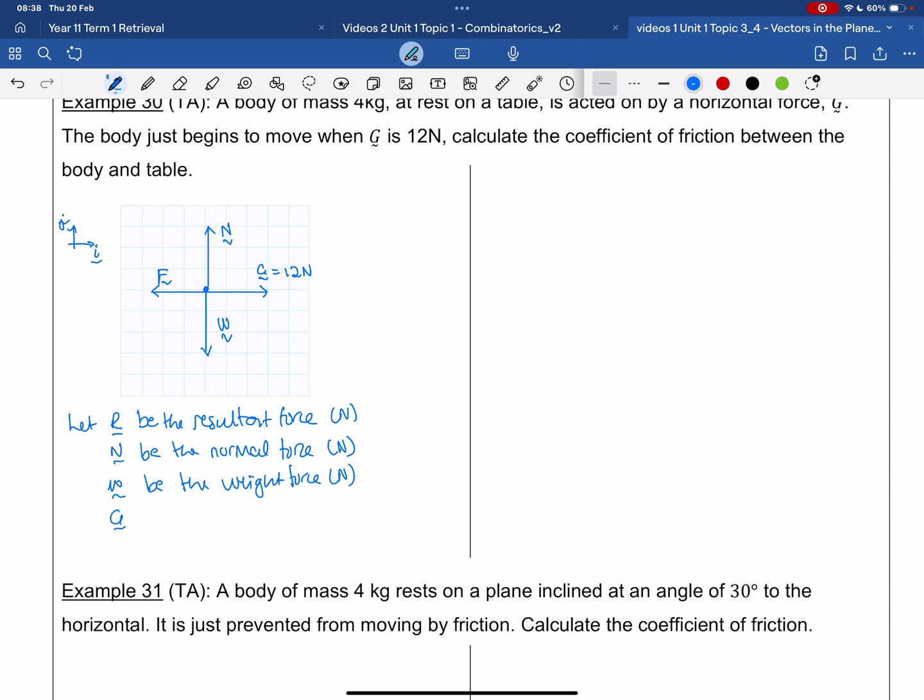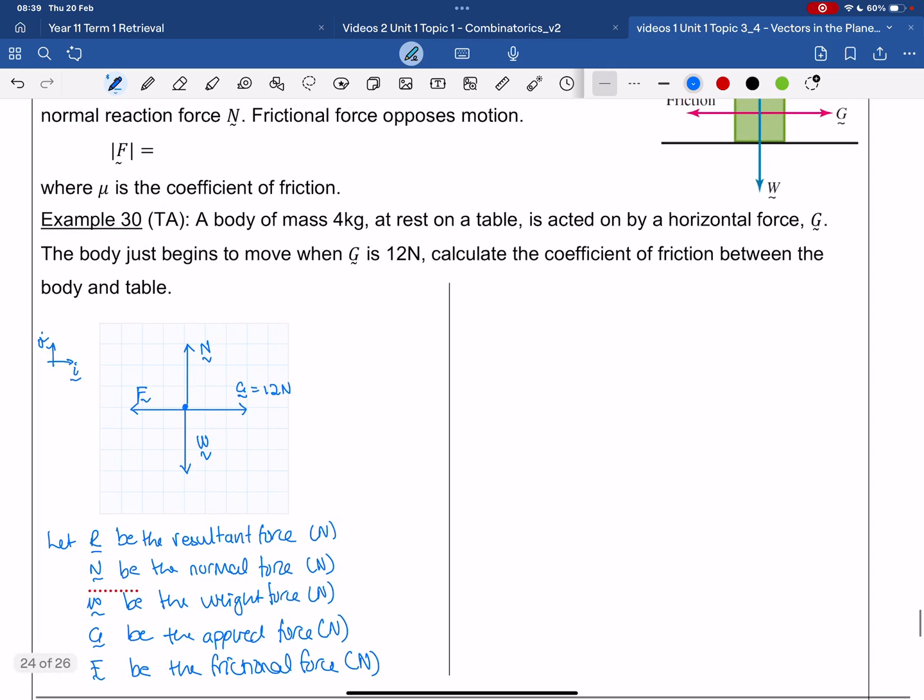We'll let G be the applied force in newtons, and we'll let F be the frictional force in newtons.